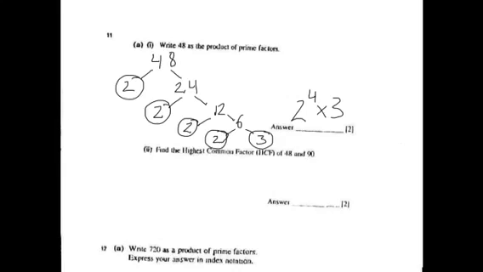Second part of the question says find the highest common factor of 48 and 90. Well, in part 1 there I've worked out already 48, so I know that. Now I just need to get what 90 is.